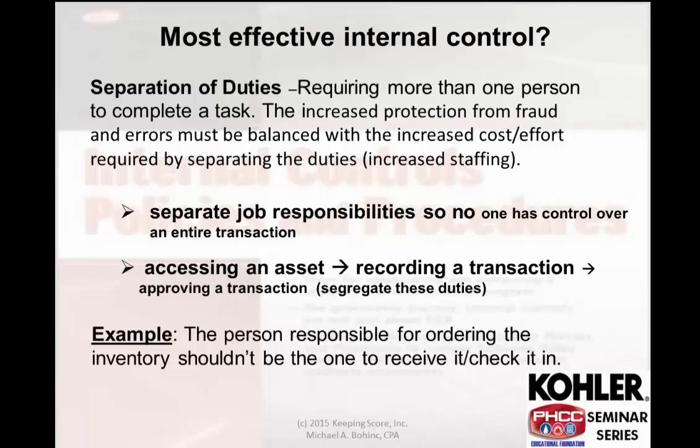Why do we want to separate those two functions? Well, if I'm ordering the material and then I'm the one that receives it and checks it in, I could be ordering personal items or items that aren't necessarily authorized. So if I'm the one doing the ordering and receiving it, then I've got a way to scam the system.